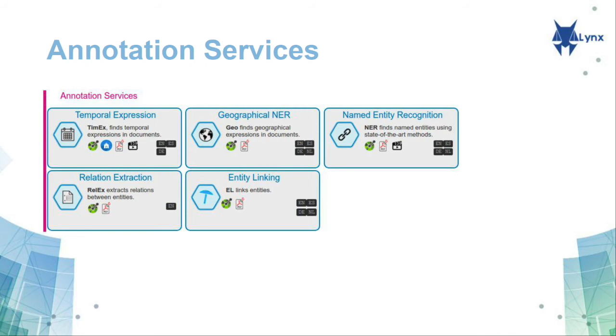Here we have 5 different services that find some relevant piece of information in the text and then annotate it with additional information, for example, the type of this entity, or links to external sources. For example, temporal expression would identify expressions of time.